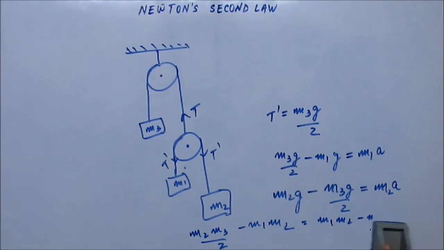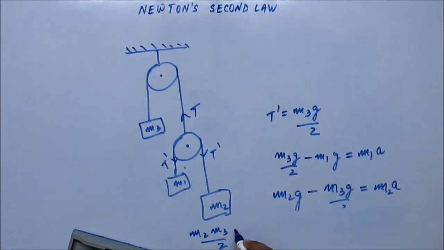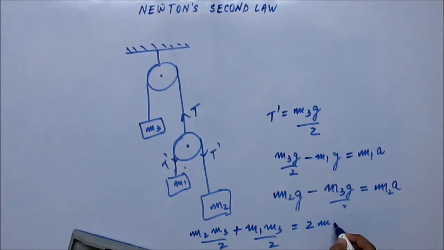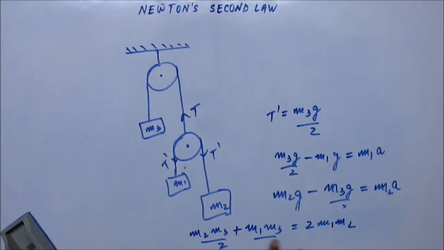This would give us m2 m3 by 2 plus m1 m3 by 2 is equal to 2 times m1 m2. So this in turn becomes m2 m3 plus m1 m3 is equal to 4 times m1 m2. Now if we divide the whole equation by m1 m2 m3, we get 1 upon m1 plus 1 upon m2 is equal to 4 upon m3, and I guess this was option number C.